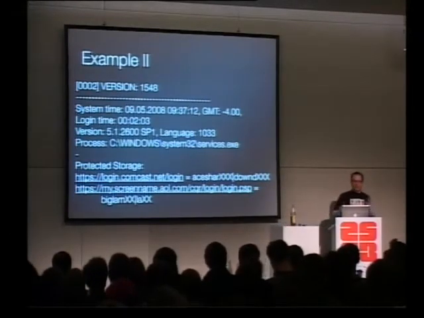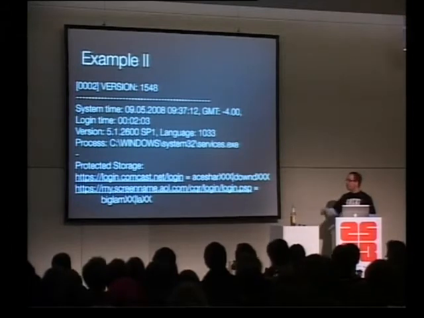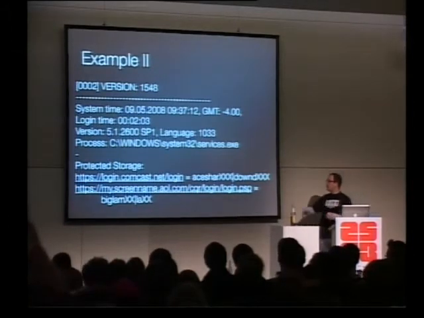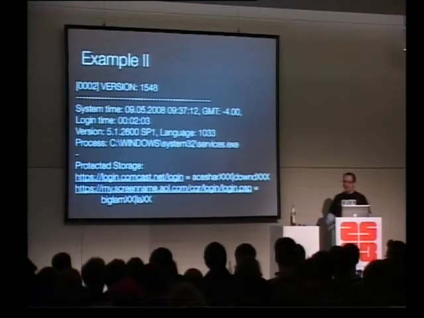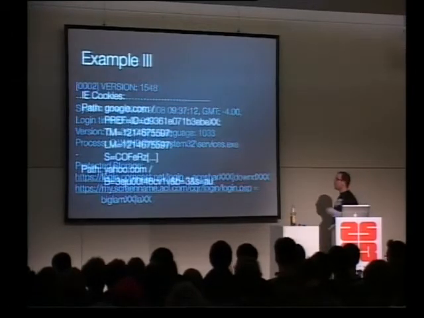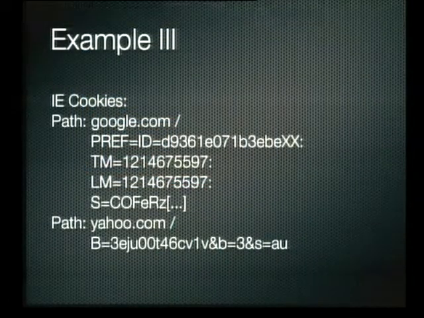If you compare this to phishing, where the attacker can basically only get one credential from one site, with a keylogger he can get lots of credentials just from the protected storage or from the browsing behavior of the victim. And the third type of information stolen by Zeus are, again, cookies. They read out all cookies and send this information to the drop zone.